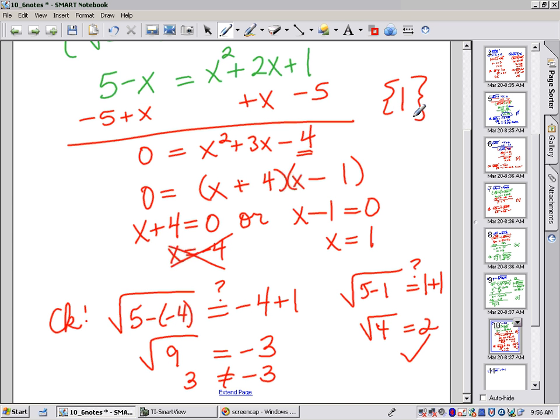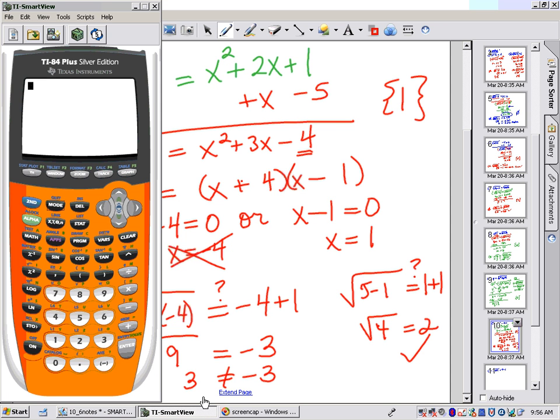Now let me show you this graphically. Do you remember we talked about solving systems of equations back in an earlier chapter? If you look at where they intersect, that is where solutions occur. So I'm going to go to the calculator, and let's enter our two sides as y1 and y2.